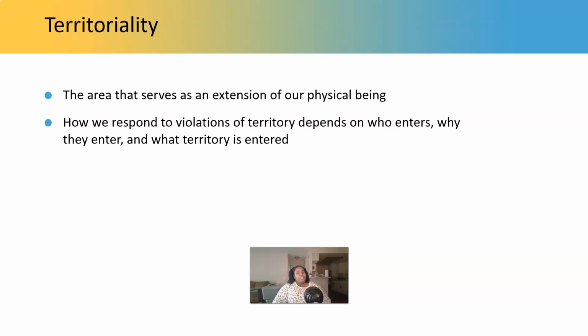Now, some students are really nice and really cool with it, but a lot of students are like, no, get out of my seat. And I ask why. None of our names are on it. We're only here for about an hour and a half. But it's that sense of territoriality. I've been sitting here. I want to continue to sit here. It's mine. Our desks are an extension of our physical being.